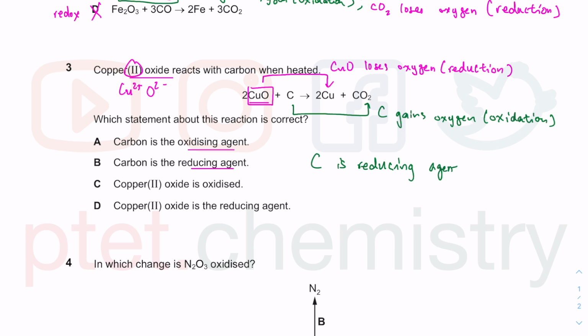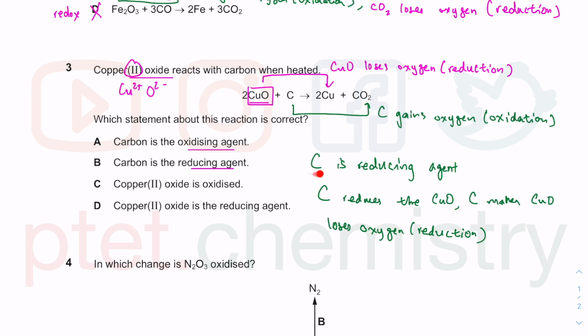Carbon makes the CuO lose oxygen and undergo reduction. Okay, so therefore the carbon is a reducing agent because it makes the other substance undergo reduction by losing oxygen. So carbon there is the reducing agent, and that means B must be the answer.